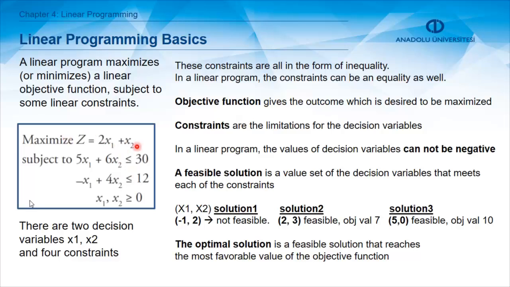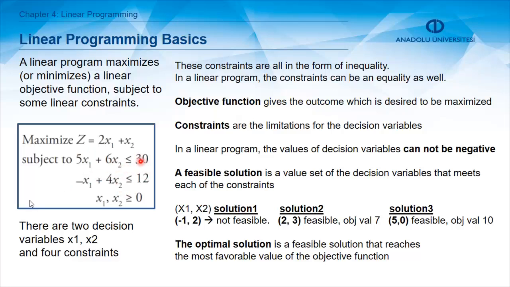The objective function given in here gives the outcome which is desired to be maximized for this specific linear program. The constraints here are the limitations for the decision variables.